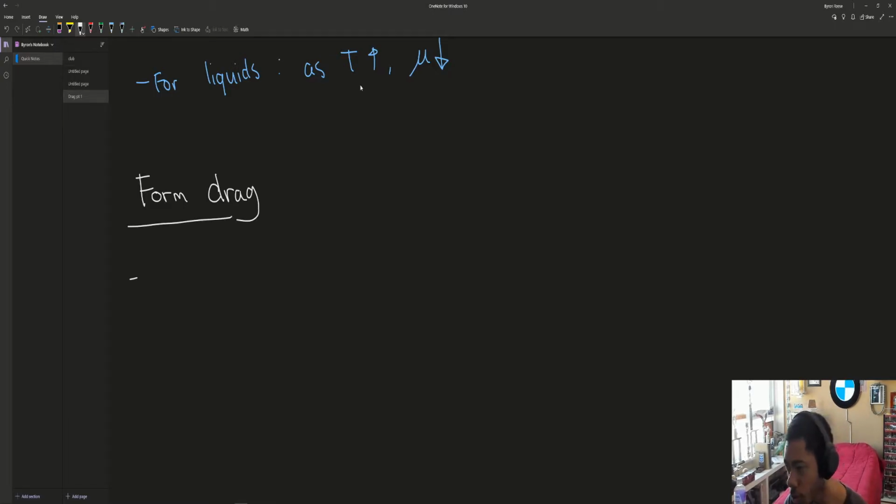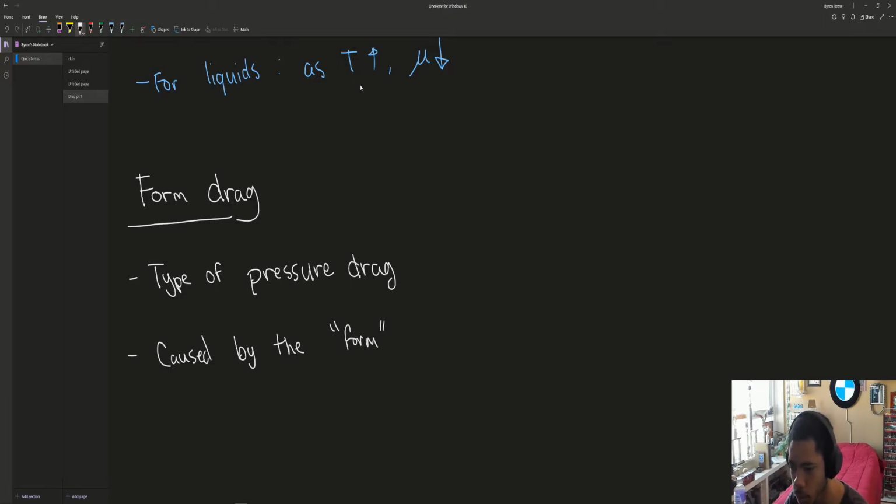Alright, so what is form drag? Form drag is a type of pressure drag, and it is caused by the form of a body creating pressure gradients.